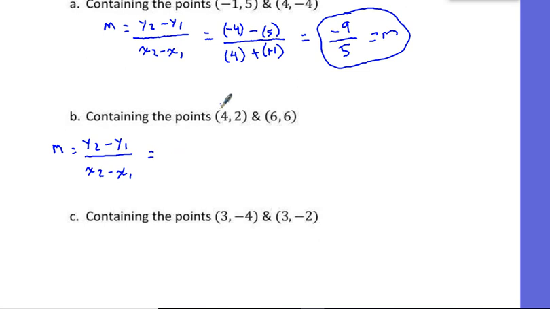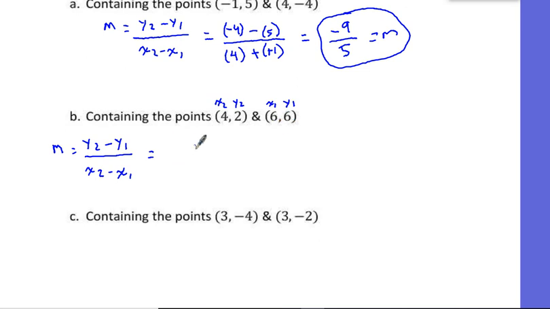Again, we'll label the points, and you may choose to label them differently. Like, this does not have to be x1. This could be point 2, and that would be x2, y2, and this would be x1, y1. The only thing that matters is that both x1 and y1 come from the same point.